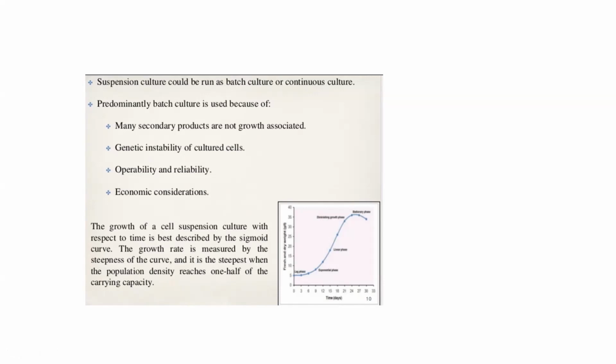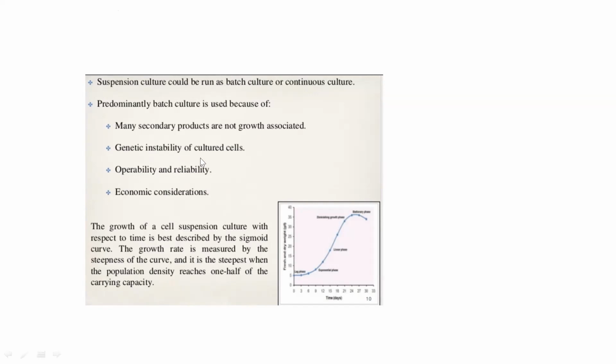When we are not sure about the genetic stability, it is better to go in for batch culture, because in that batch you will know whether the product is of good quality or good quantity. If the product is not good, you will not repeat the next batch with that explant or callus. So genetic instability is a problem.